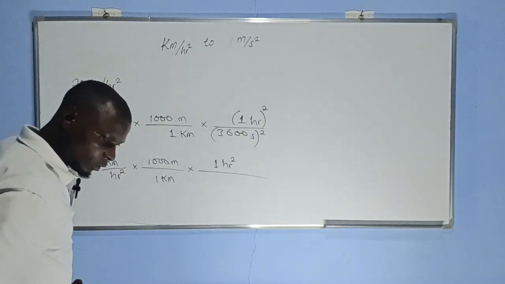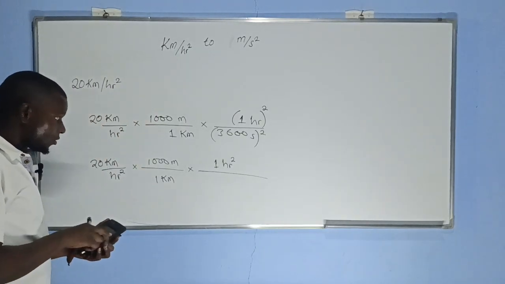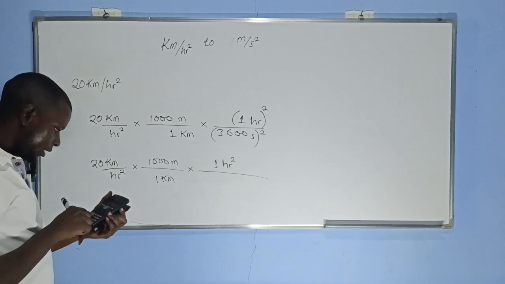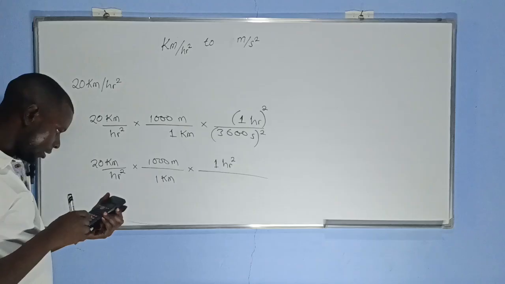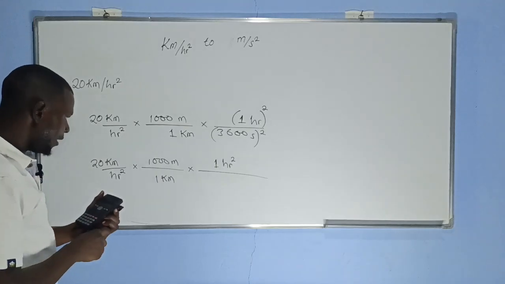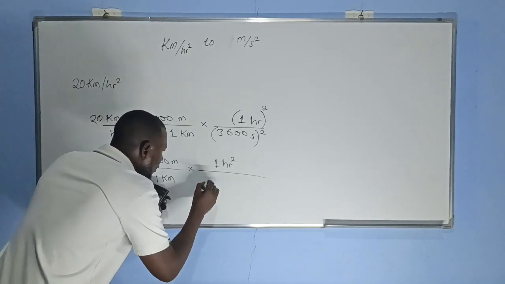What about down here? We may need a calculator there, so we have 3600 squared, which is giving me a very big value.